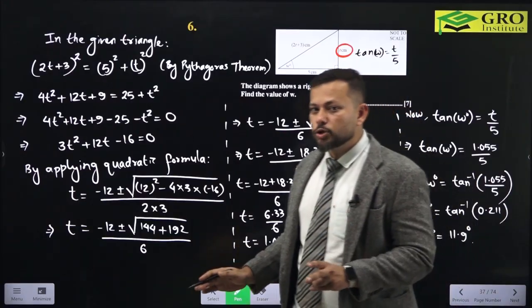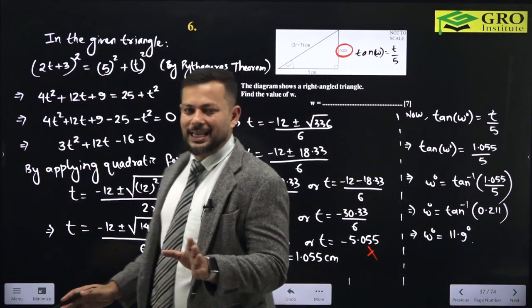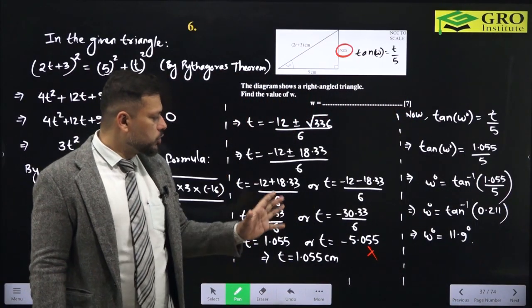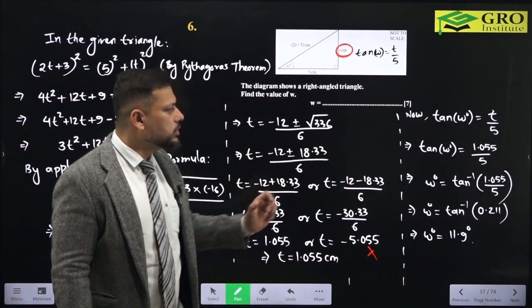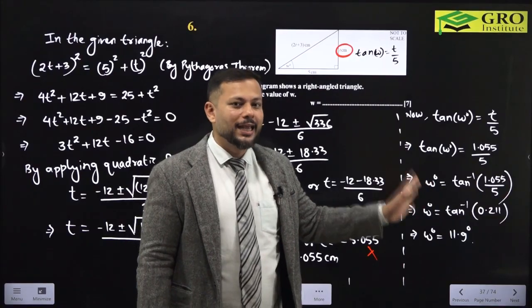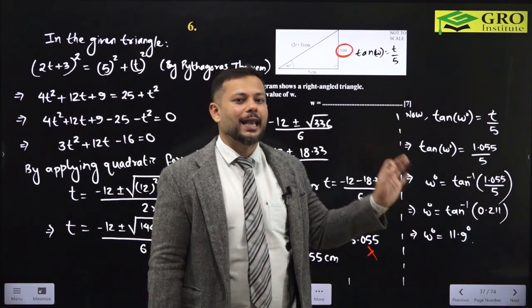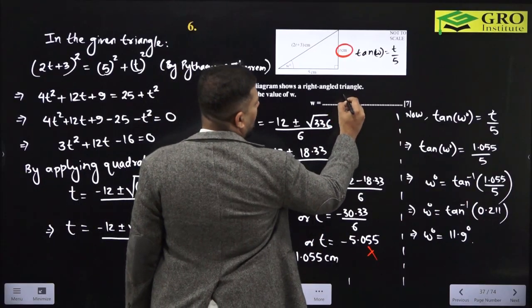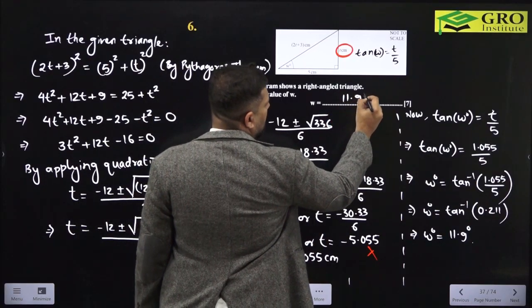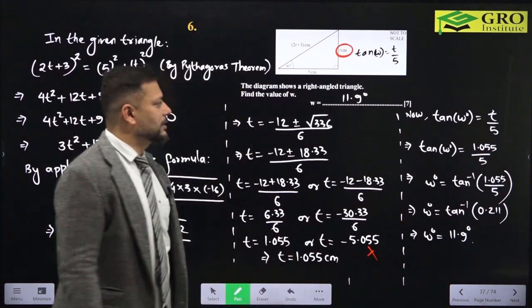We got 2 values of t, wherein one value was negative and the other was positive. So we took the positive as the height could not ever be negative. And then we used the concept of trigonometry to get the desired value of angle W. And what is the answer, guys? We have it as 11.9 degrees, right?